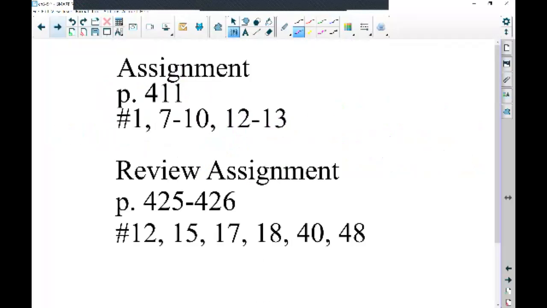So your assignment, twofold. You've got your regular assignment on midpoint, trapezoidal, and Simpson's rule, and then a review assignment on Tuesday for this group. I will push out an AP problem on Monday.